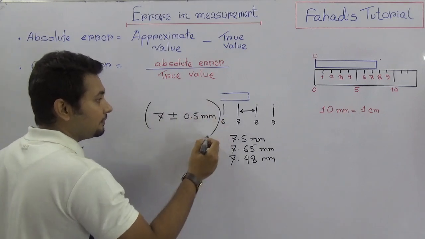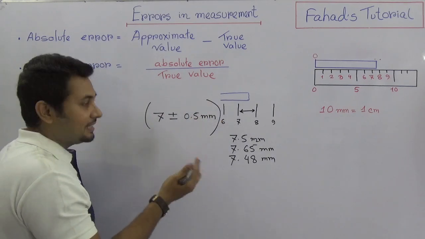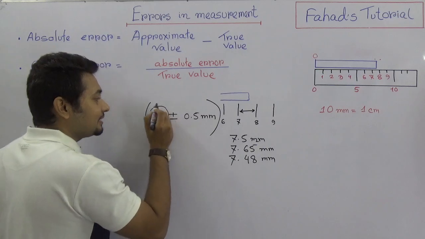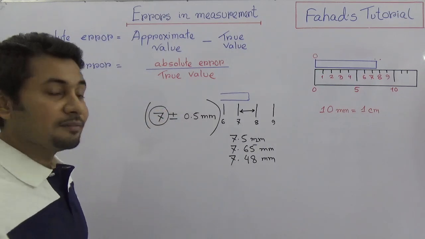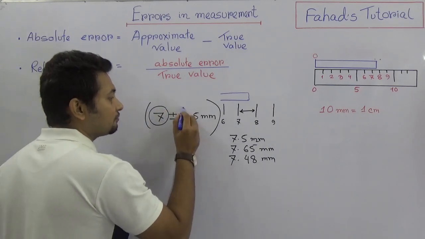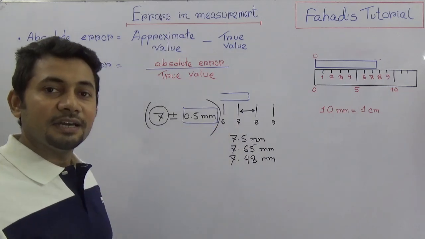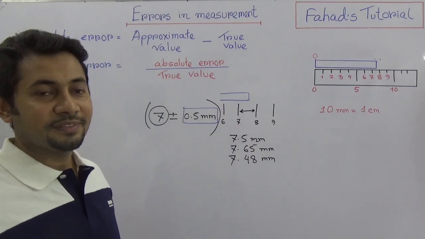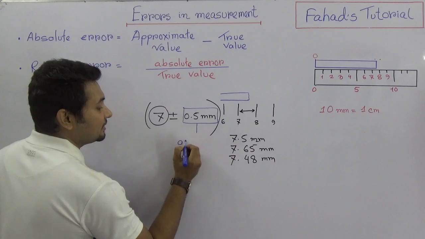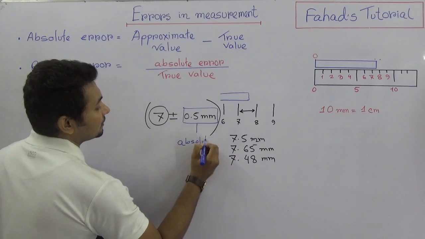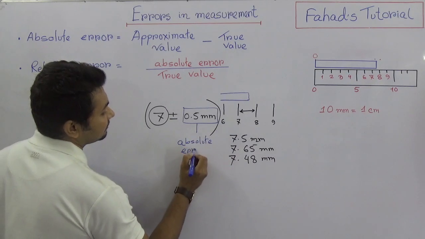And this is the value that we express. This 7 is the measured value, and this 0.5 millimeter is the absolute error.